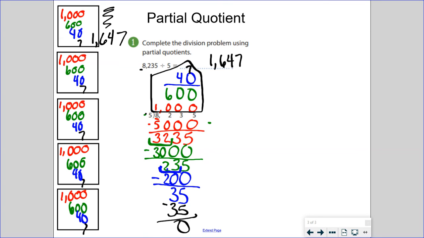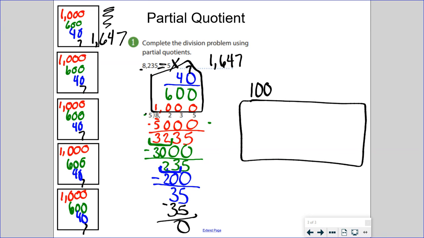So I need to think: 1,647 times 5 is going to equal 8,235. Sorry. And I can do that using my area model for multiplication. So 1,000 plus 600 plus 40 plus 7, just breaking it down into smaller pieces so it's a little easier on our brains.